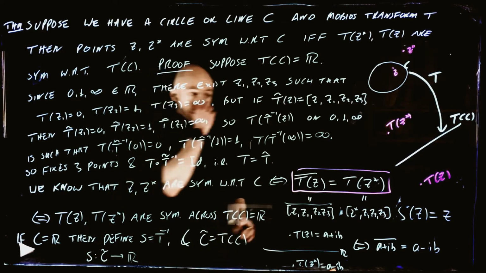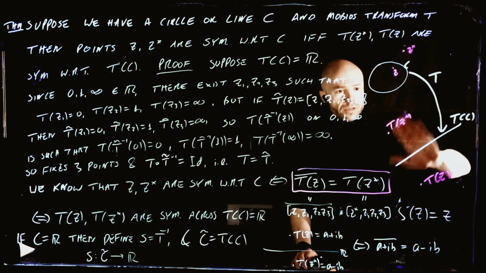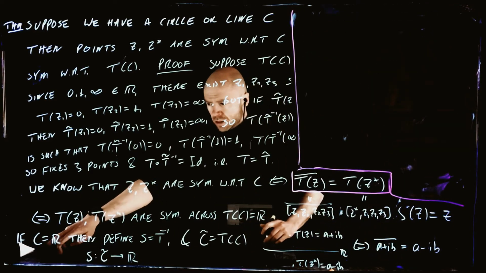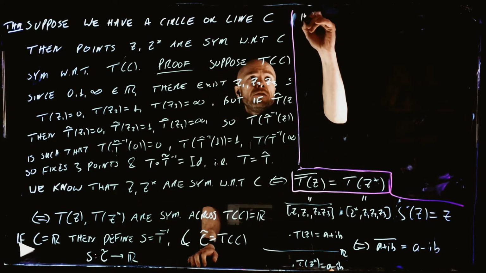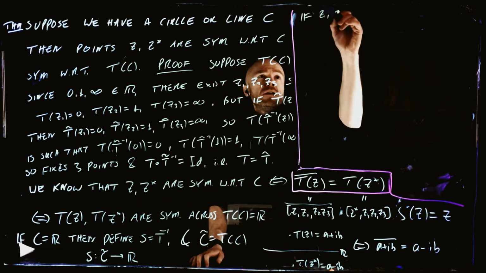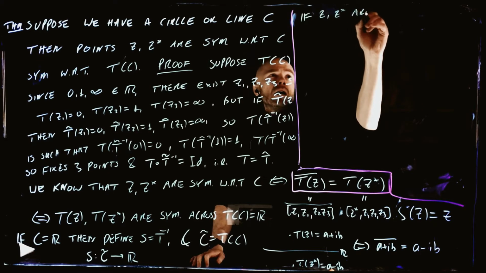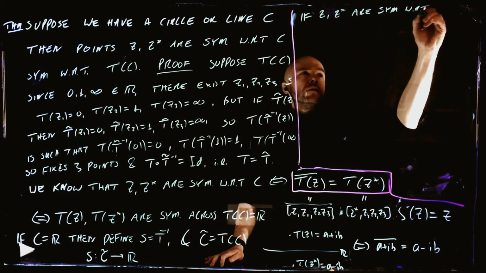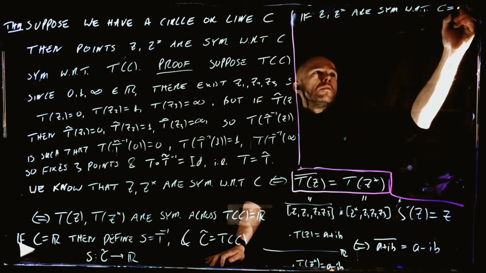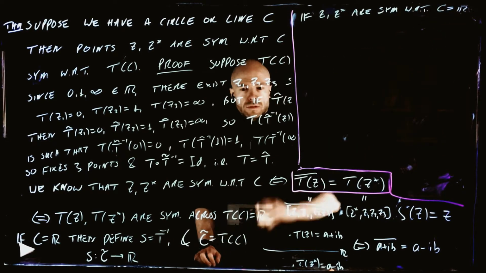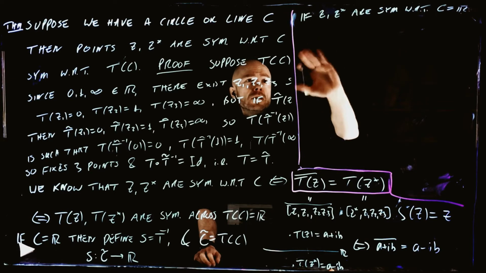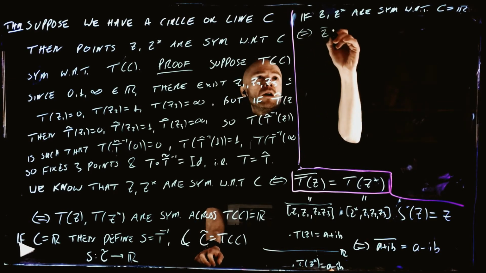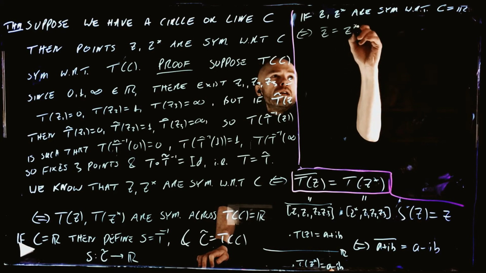Yeah? So let me see if I can put everything on the same page. So if we have that C is this thing, right? And if Z and Z star are symmetrical with respect to C, which is R, yeah, then this is equivalent to saying that Z bar is equal to this thing, like this.